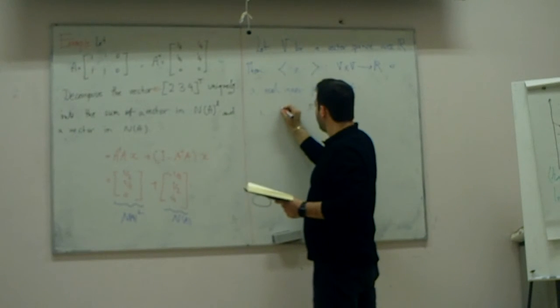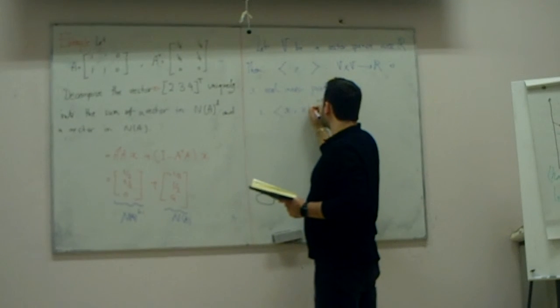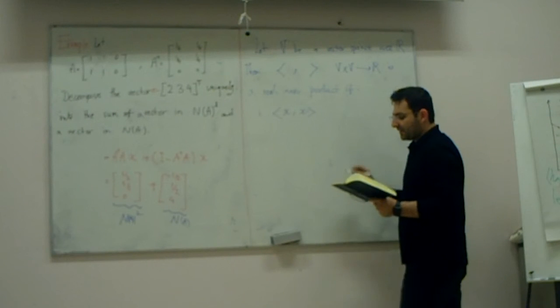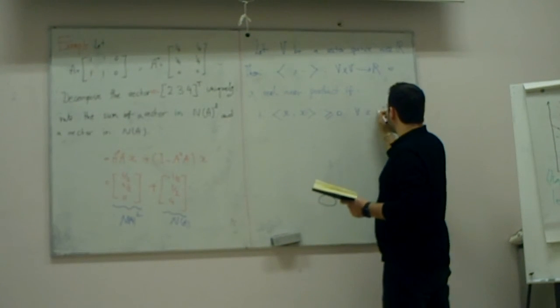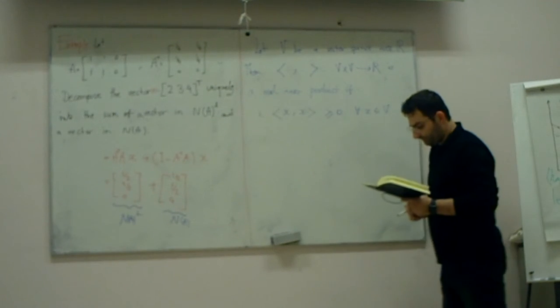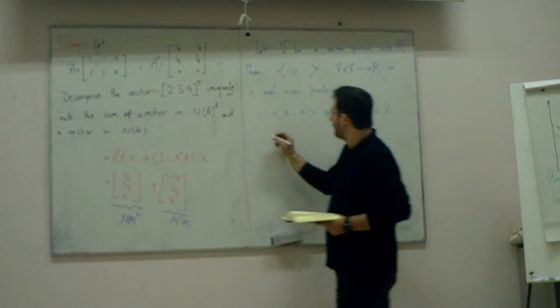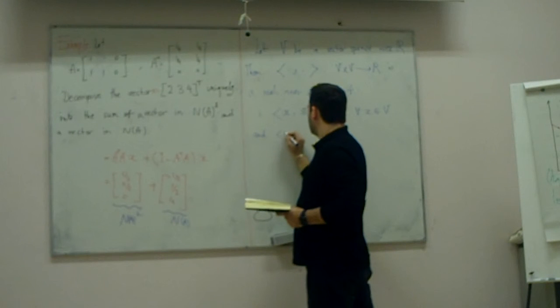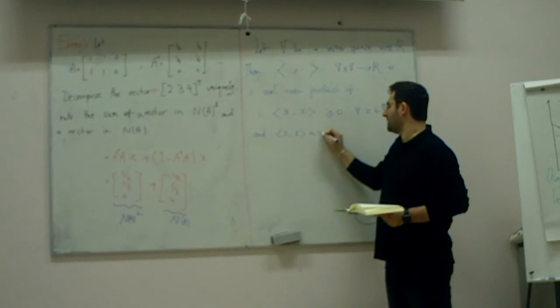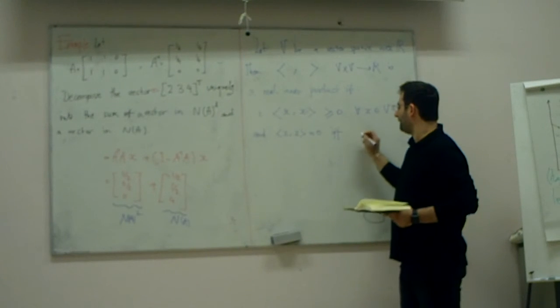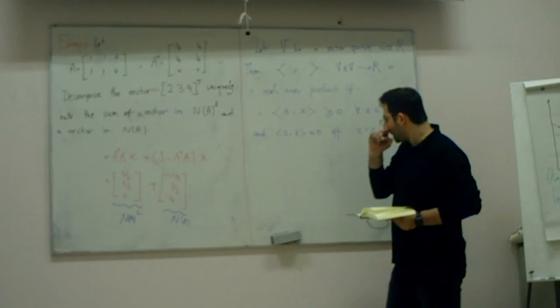First one, inner product of x by x is always greater or equal than 0 for all x belonging to V. And the inner product of x by x is equal to 0 if and only if x itself is equal to 0.